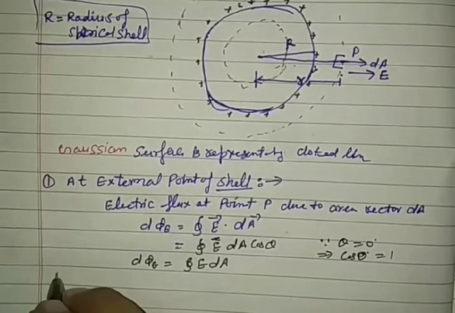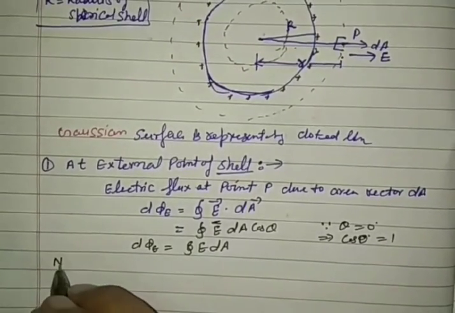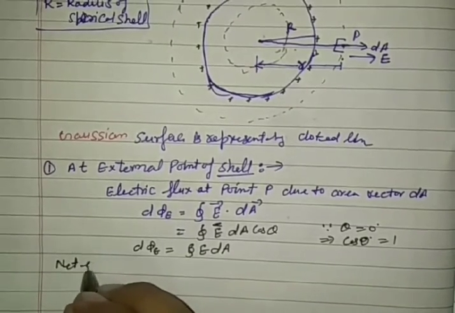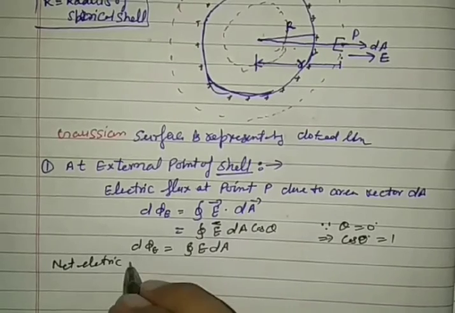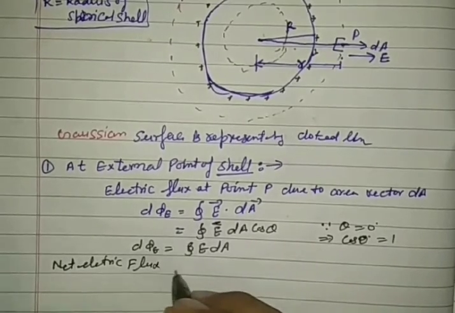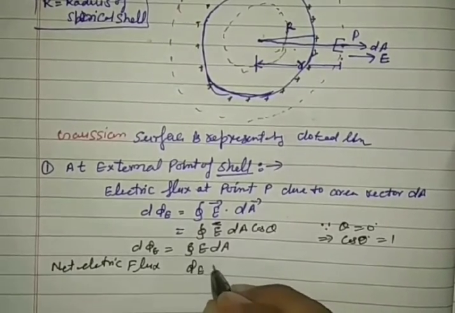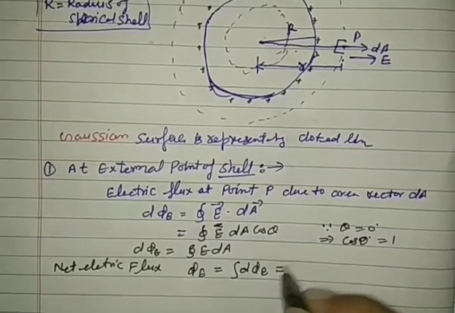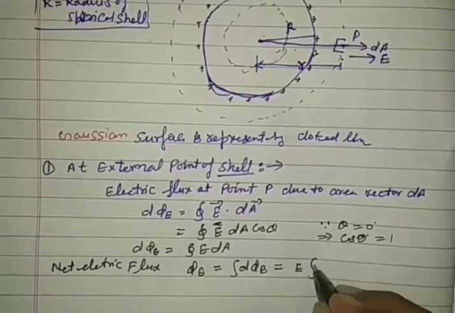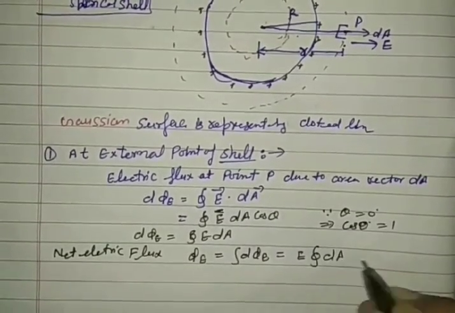Now the net electric flux phi is equal to the integration of d phi E, which is equal to E times the closed integral of dA.